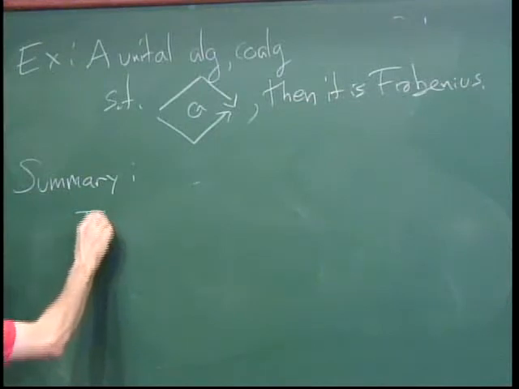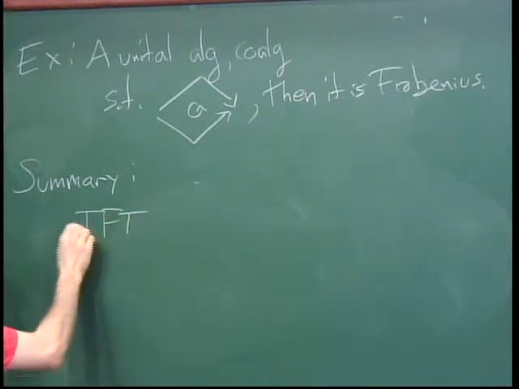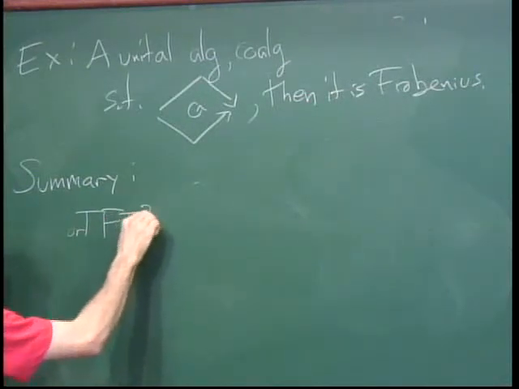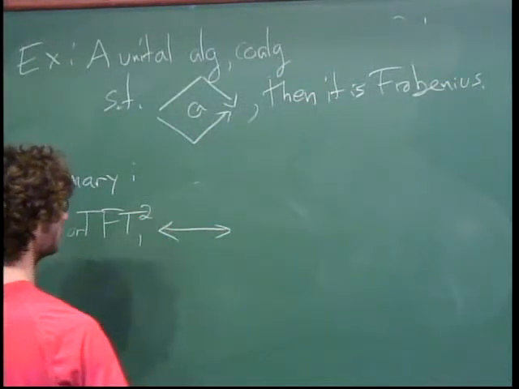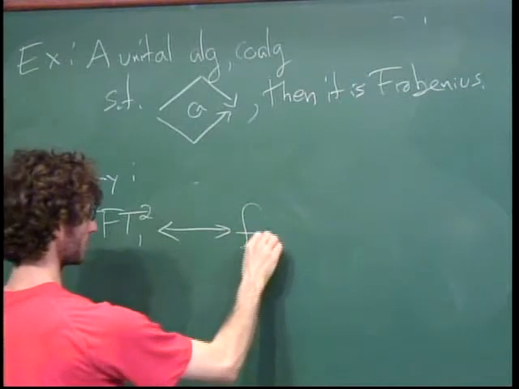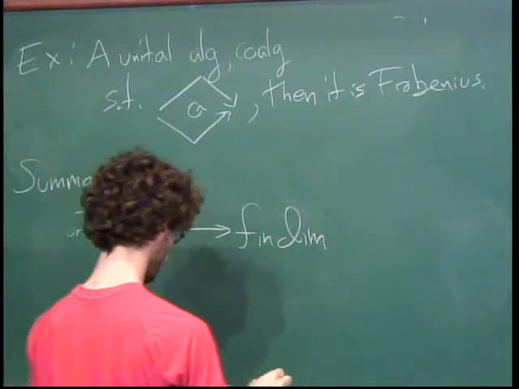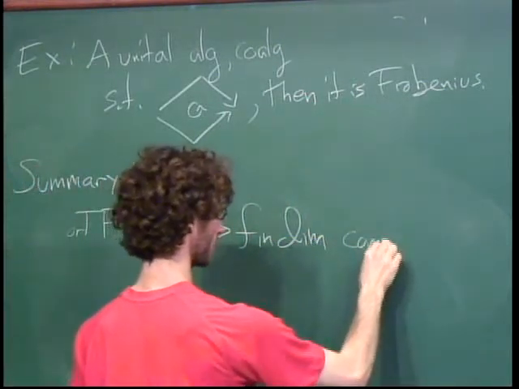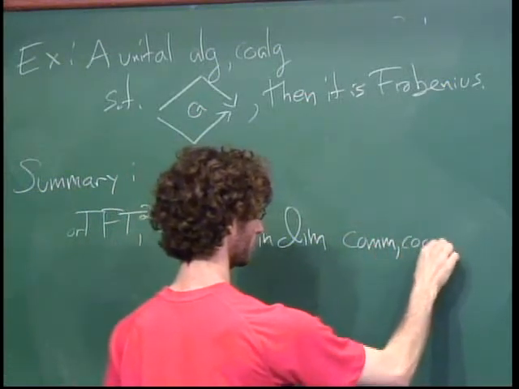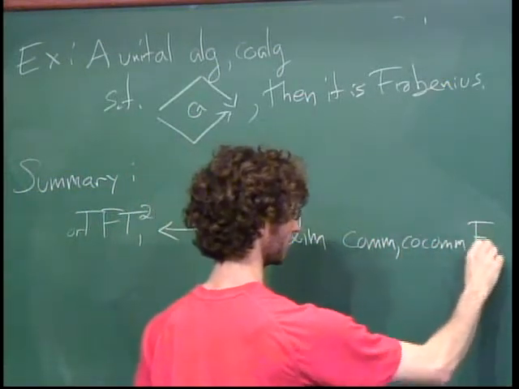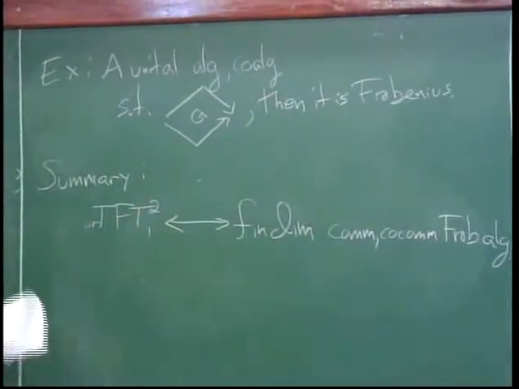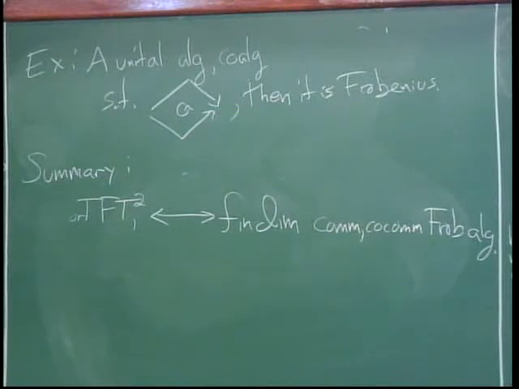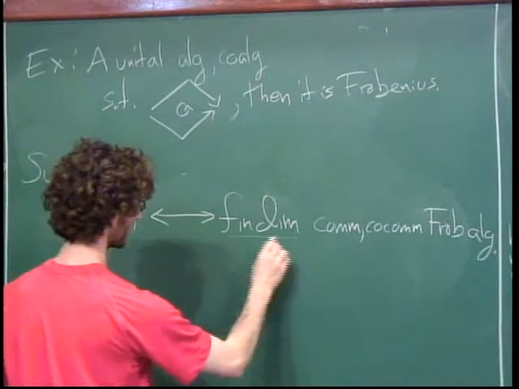Again, thinking about oriented two-dimensional TFTs, I claim that these correspond to finite dimensional commutative, co-commutative Frobenius algebras. So we've seen the Frobenius algebra and the commutative and the co-commutative part. So what about the finite dimensional part?